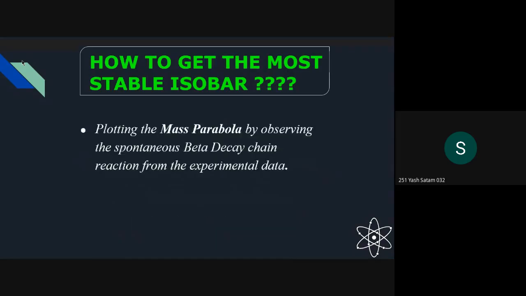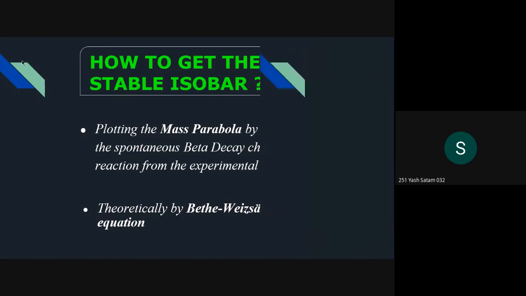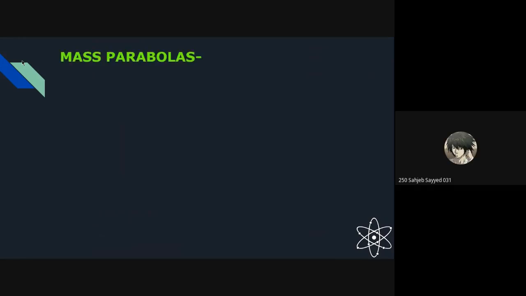Now the question is how to find the most stable isobar. The first method is by observing the spontaneous decay chain reaction of any required isobaric family, and then with the help of experimental data of binding energy, we plot the mass parabola. The second method is a theoretical approach where we make use of the semi-empirical mass formula, which is nothing but the Bethe-Weizsäcker equation.